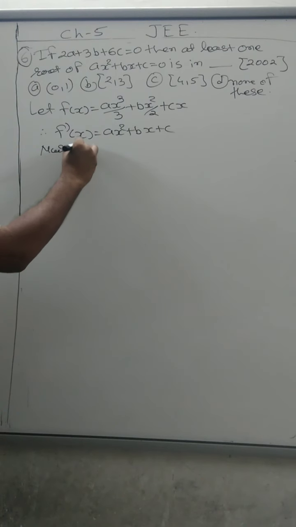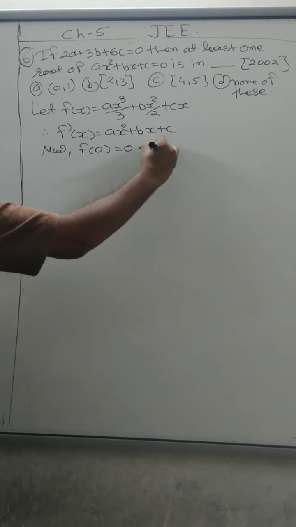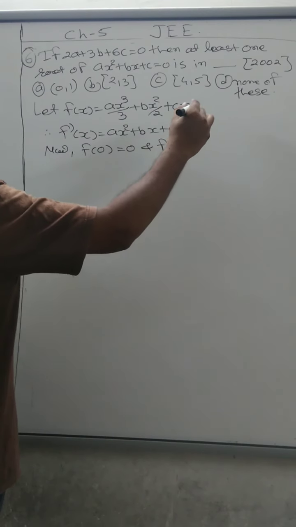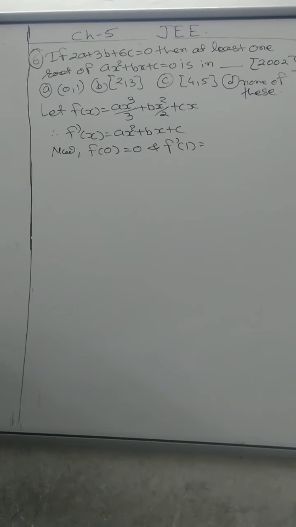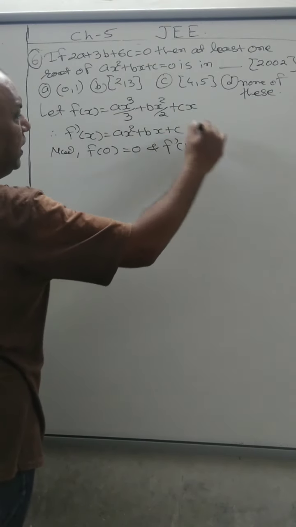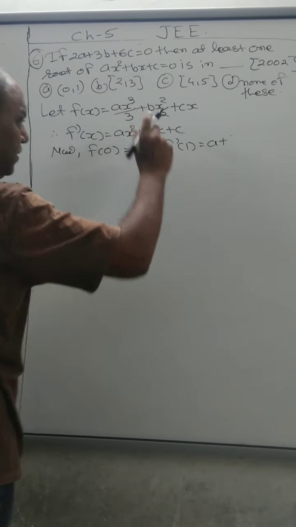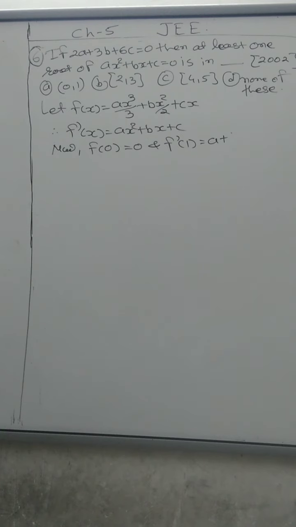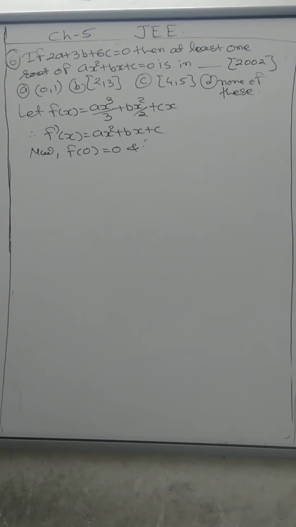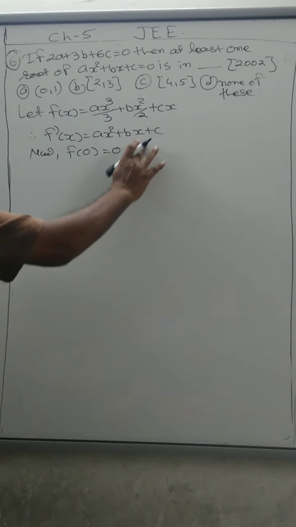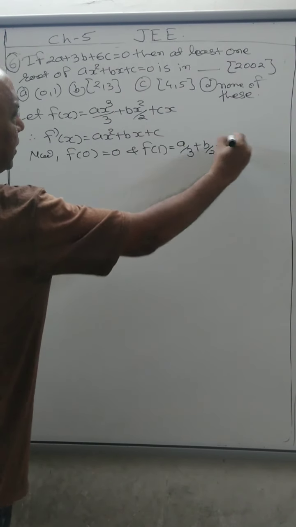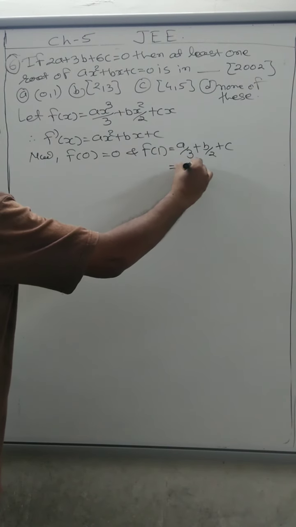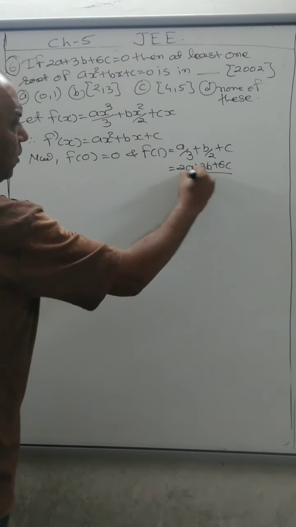Now f of 0 is equal to 0. Just a minute, not f dash 1, but f of 1. So f of 1 is equal to a by 3 plus b by 2 plus c. 6 is the LCM, so it is 2a plus 3b plus 6c upon 6.